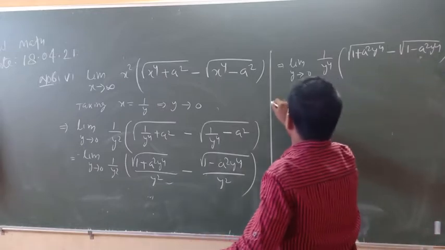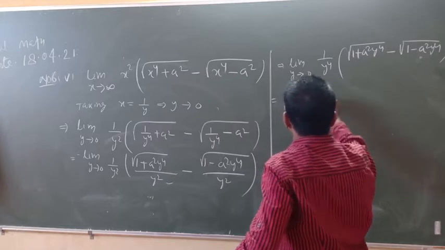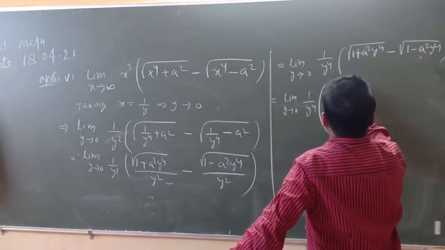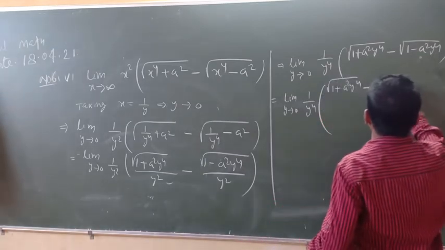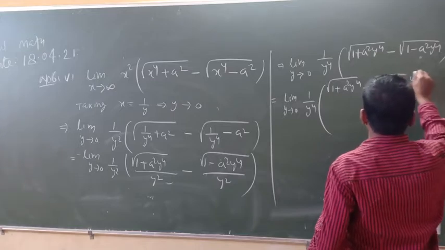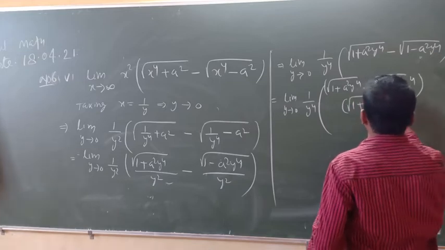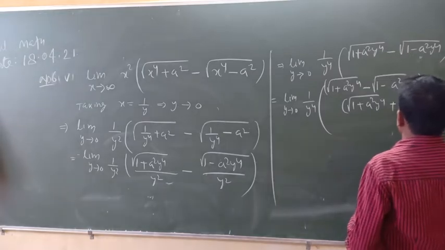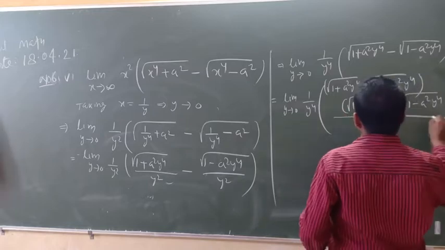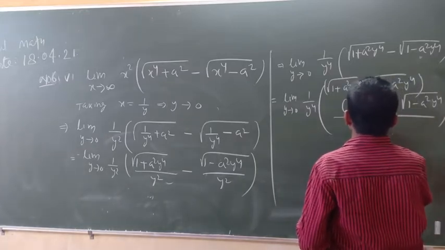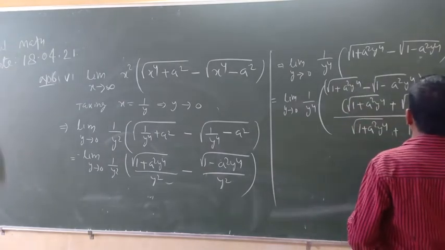That becomes limit y tends to 0, 1 by y fourth, times 1 plus a square y fourth minus 1 minus a square y fourth, whole into the root of 1 plus a square y fourth plus the root of 1 minus a square y fourth, multiplied in numerator, hence divided in denominator.